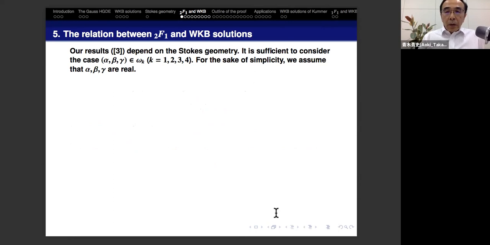Because we have a symmetry, it is sufficient to consider the case where alpha, beta, gamma belongs to one of omega k for four cases. And for the sake of simplicity, we assume that alpha, beta, gamma are real.